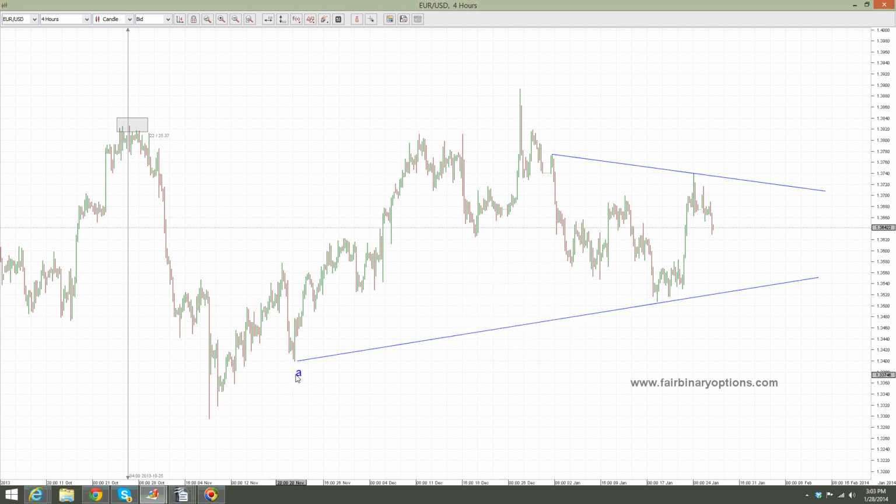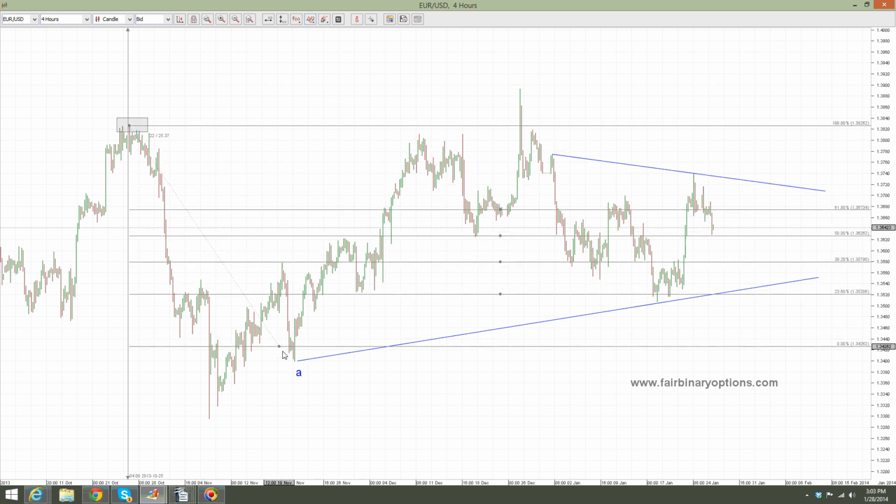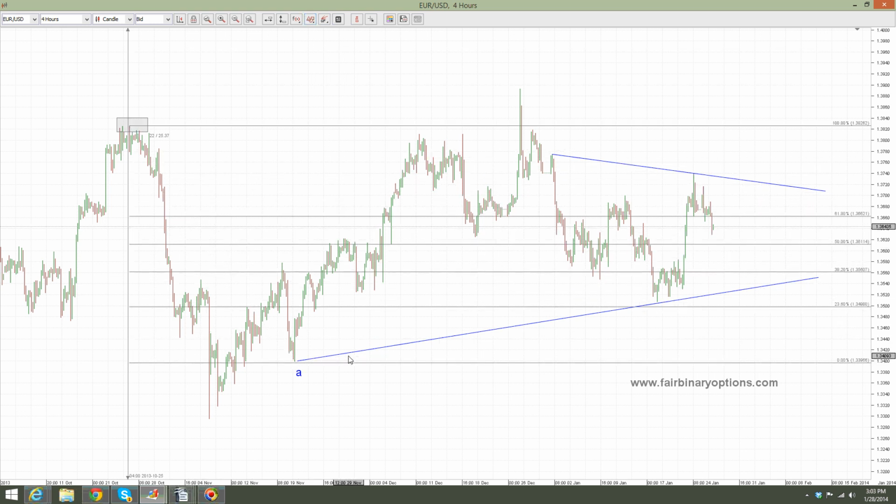We have to buy call options, using the Fibonacci retracement, in the sense that you should not try to pick exactly the top or the bottom. Keep in mind that legs of a contracting triangle have the tendency to retrace more than 61.8, more than 70. So if this is 61.8, then 70 will be around this level, and all this area here is a nice area to buy call options.